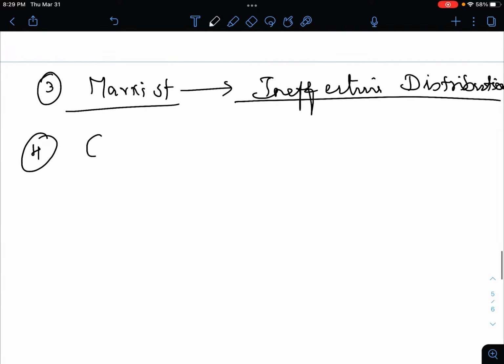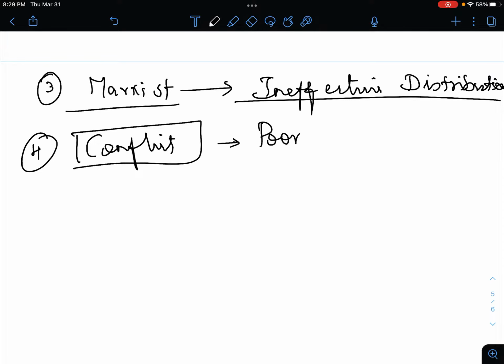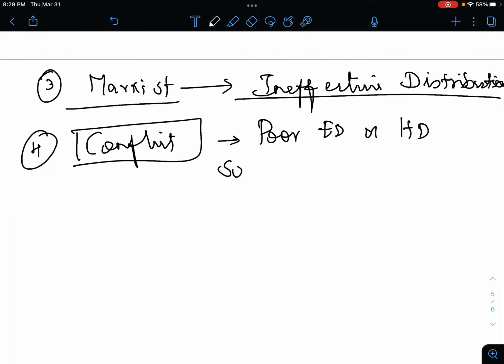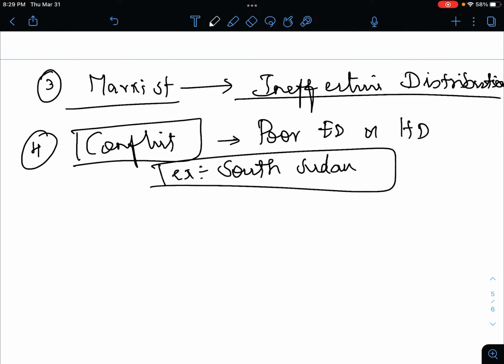Now it is also true that due to conflict, you have poor economic development as well as human development. Okay, for example, you can take the example of South Sudan. Both South Sudan and Sudan have so much of resources, but they are still not able to develop their economy to its fullest potential because of the rift between Sudan and South Sudan over the control of oil resources present over there.